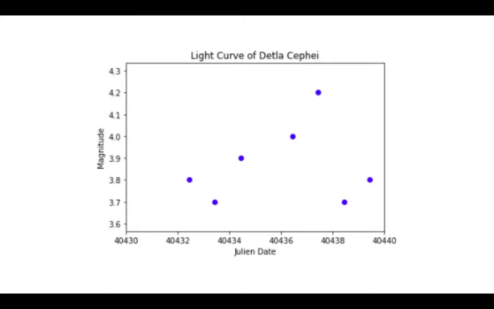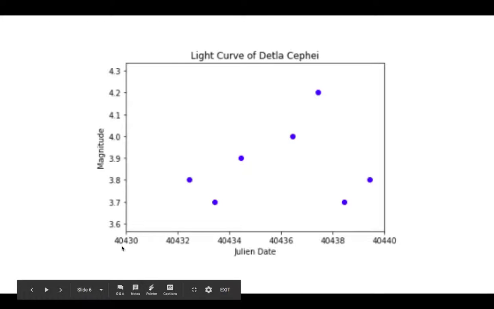So this is a plot of the light curve from delta Cephei. The first Julian date we have over here is 40,030. Oh, I'm sorry. The first date we have is 40,432. And the last date we have over here is around 40,439.